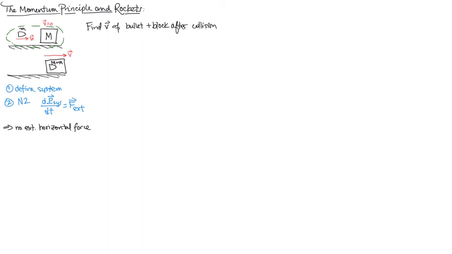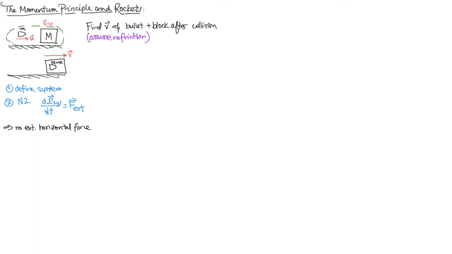Since we are concerned with the horizontal motion, in particular the velocity in the horizontal direction after the collision, we can just focus on that one dimension. I didn't say this ahead of time, but let's assume no friction or air resistance and so on. In other words, those forces of friction and air resistance are negligible.